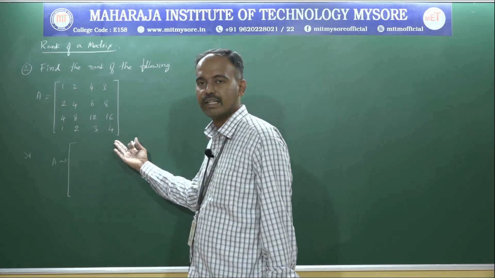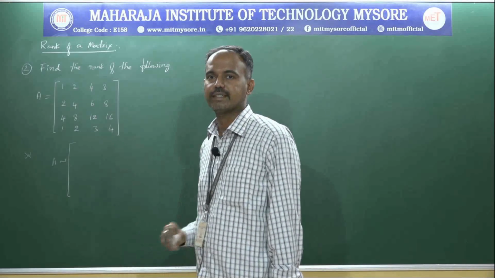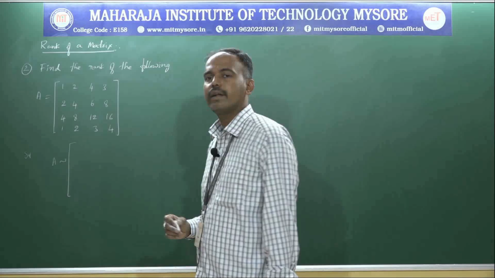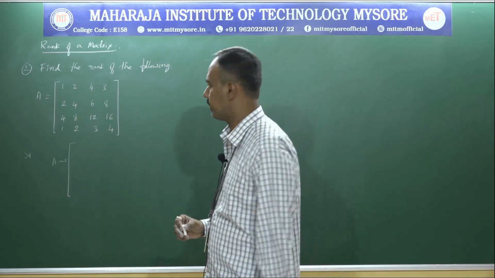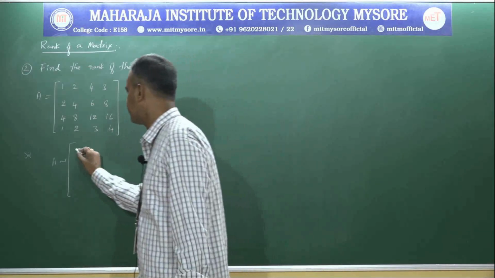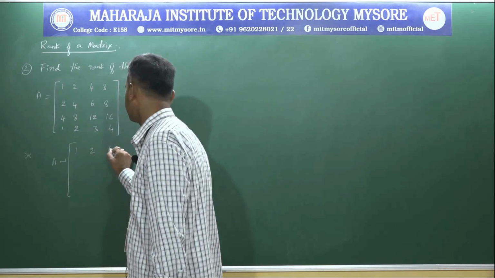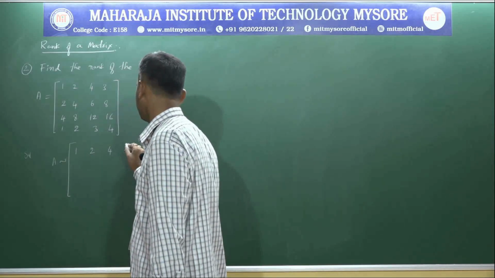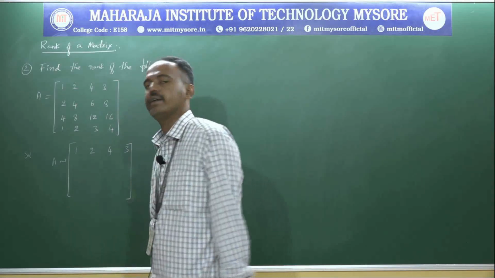First you have to check whether it is in the echelon form or not. Now first row elements, no changes. Keeping the first row the same, we proceed.